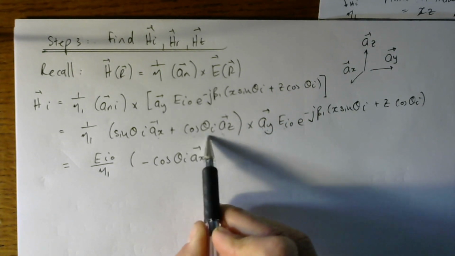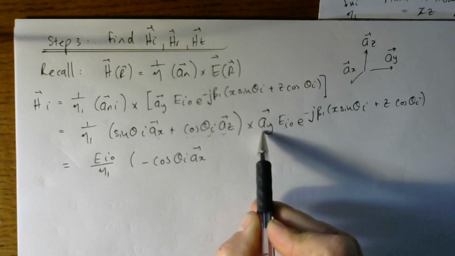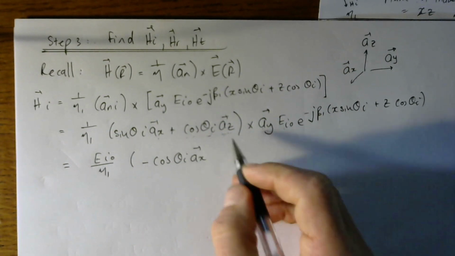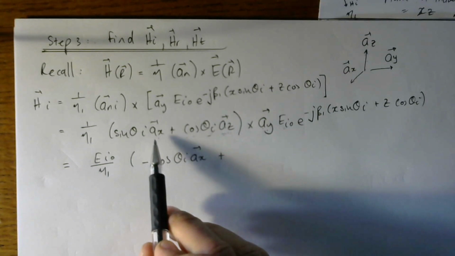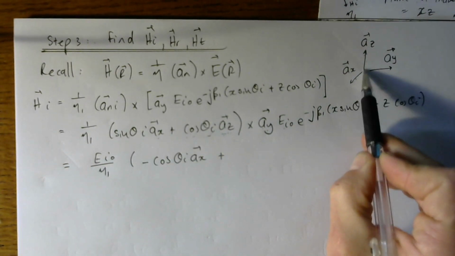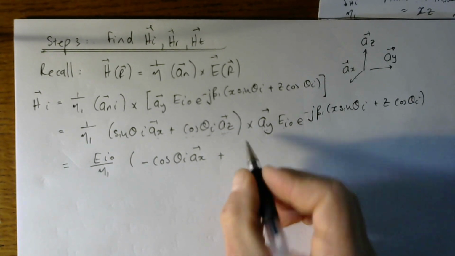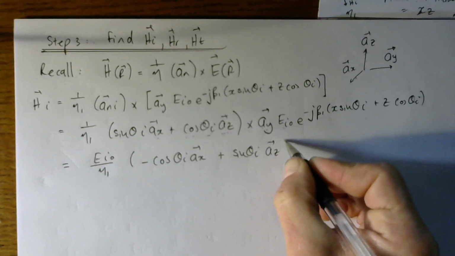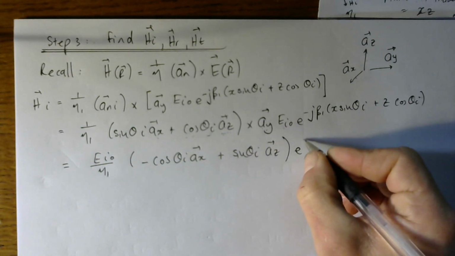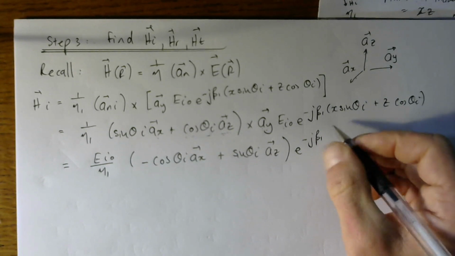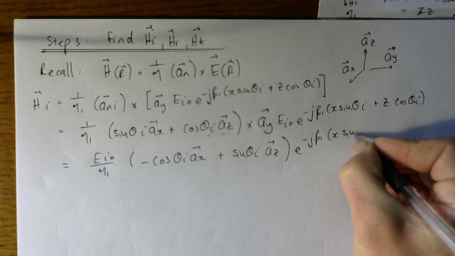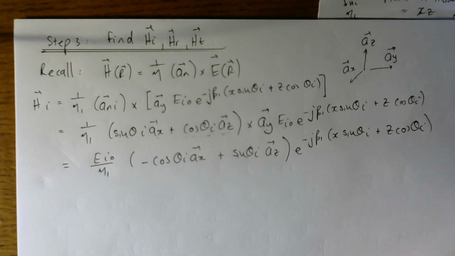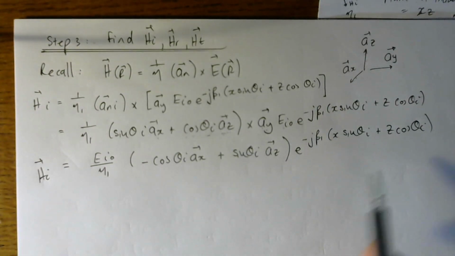So cos theta I AZ cross AY, AZ cross AY gives you minus X, which I have over here, plus AX cross AY, so AX cross AY gives plus Z, and I have plus sine theta I in the AZ direction, e to the minus j beta 1 times x sine theta I plus z cos theta I. Okay, so that's an expression for HI.